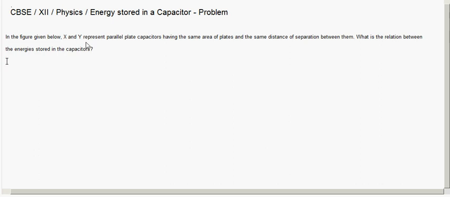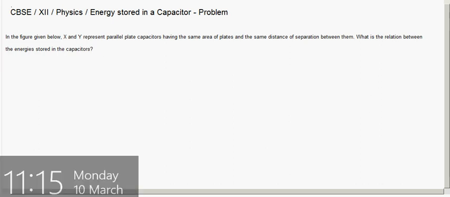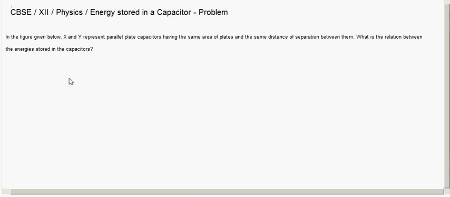Let me give you the figure also. We have two capacitors X and Y connected in series with, say, some voltage V volts.